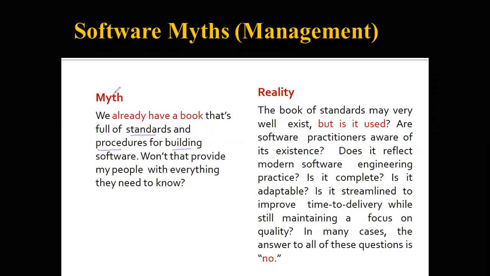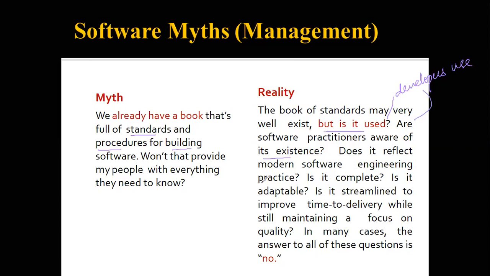Whereas the reality is, there might exist a book that has a few standards or procedures for building software. But do the developers use this particular book? Are the software practitioners aware of its existence? Do these developers know that this type of book exists?